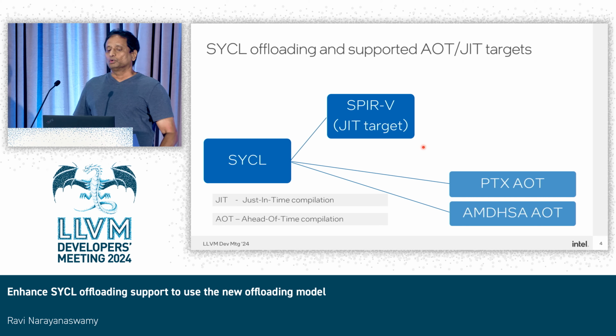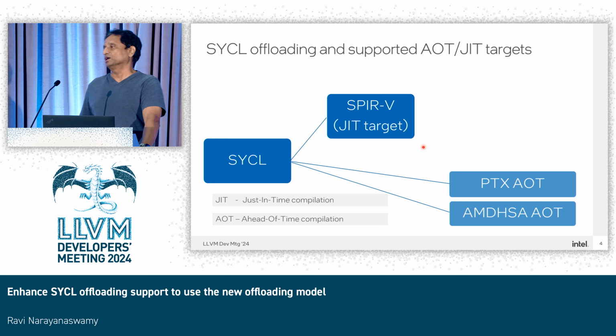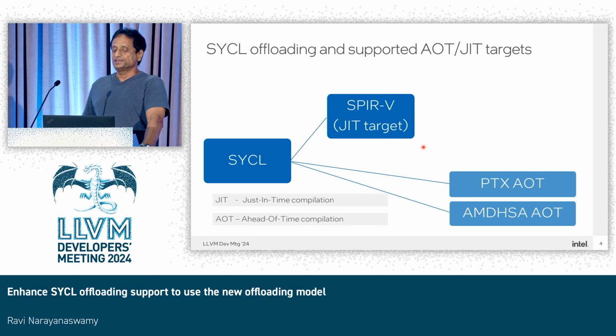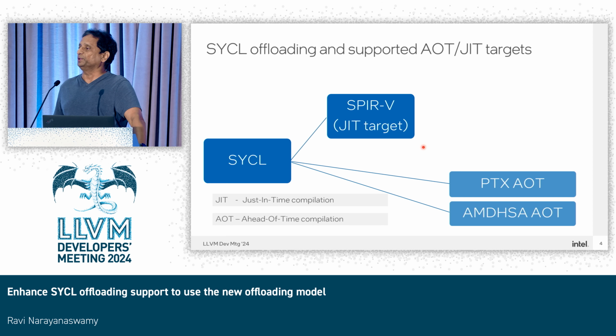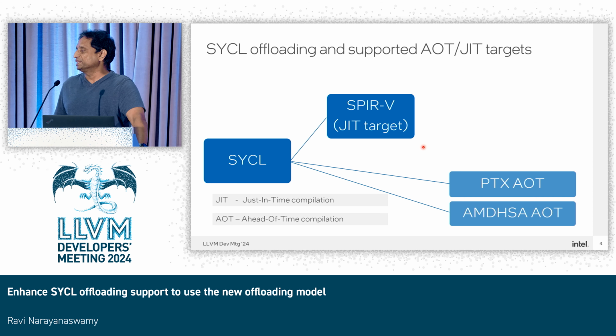Okay, so how does offloading work with SYCL, and what is supported? SYCL can be compiled to provide ahead-of-time PTX code or AMD HSA code. But for Intel, we always generate SPIRV, and you can embed this SPIRV into the host object file, and then it will be jitted.